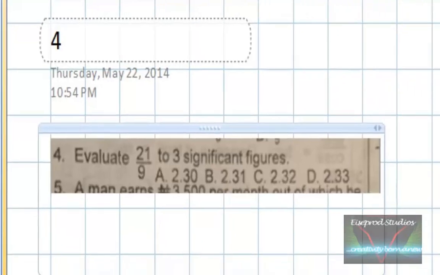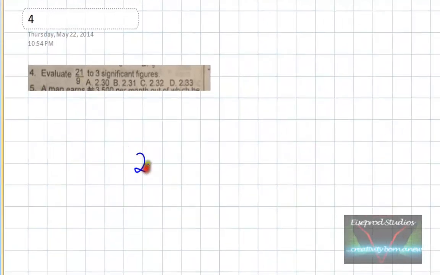Alright, question 4 wants us to evaluate 21 divided by 9, or 21 ninths, to 3 significant figures. So basically we're going to try to get as close as we can, and then we're going to start working with decimals. We can't just leave it in terms of what they call remainders.